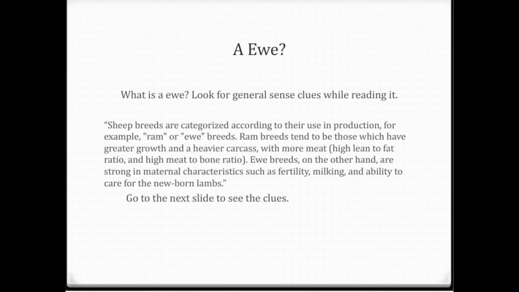Ram breeds tend to be those which have greater growth and a heavier carcass with more meat, high lean to fat ratio and high meat to bone ratio. Ewe breeds, on the other hand, are strong in maternal characteristics such as fertility, milking, and ability to care for the newborn lambs. Did you figure out what the word ewe is?